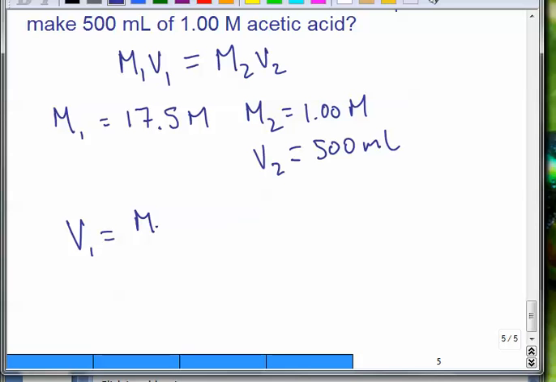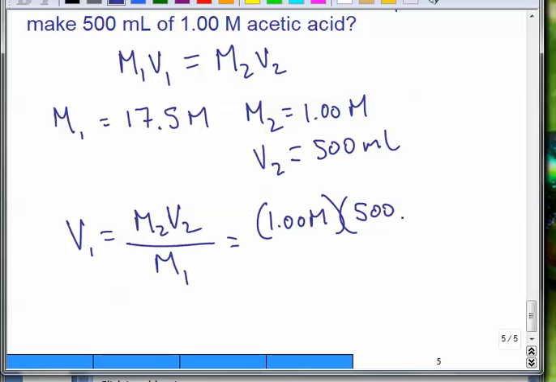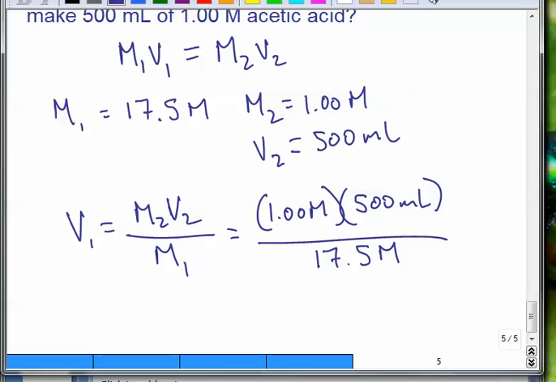V1 is M2 V2 over M1. So it's simply 1.00 molar times 500 milliliters divided by 17.5 molar.